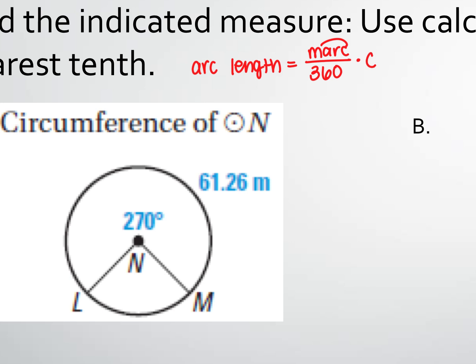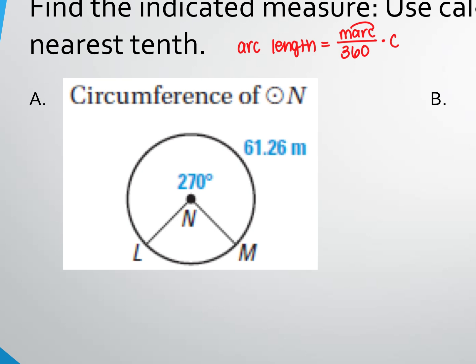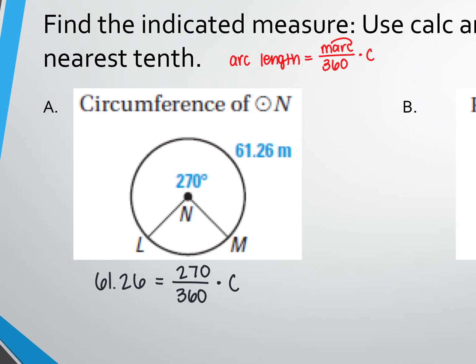My circumference, because like the last one, we're solving for my circumference. So plugging in, my arc length is 61.26 equals the measure of my arc, 270, over 360 times my circumference, and that's what I'm trying to solve. Go ahead and solve this one on your own since it's similar to the last one. I'm going to give you guys some time and then we're going to check it.